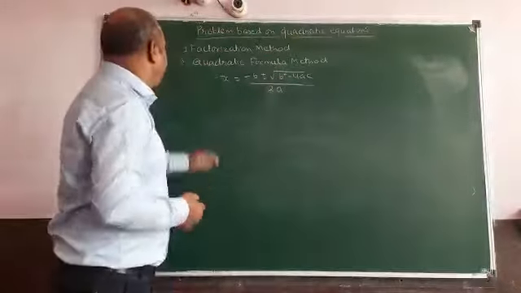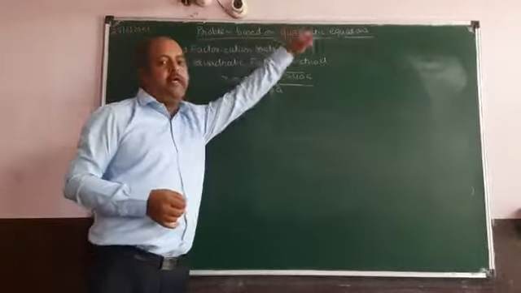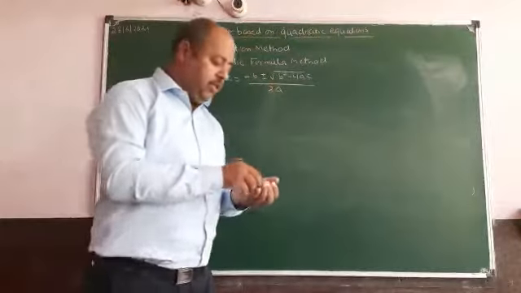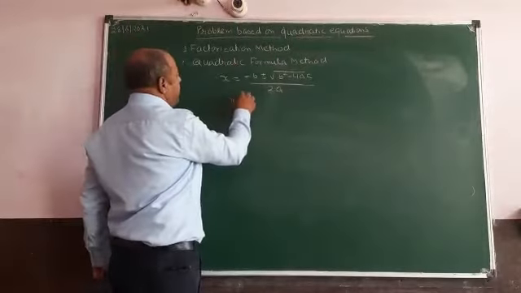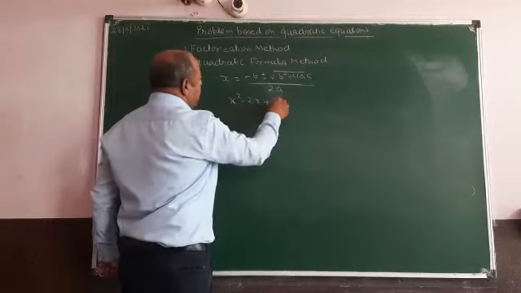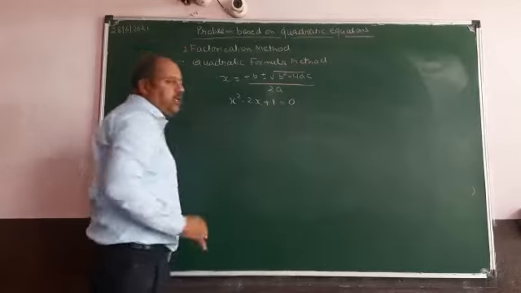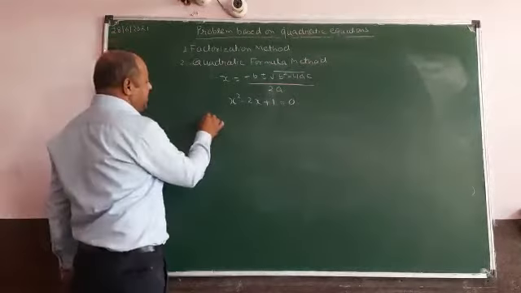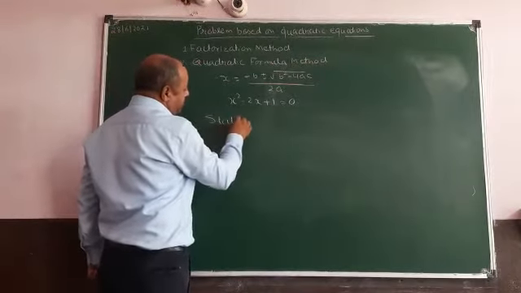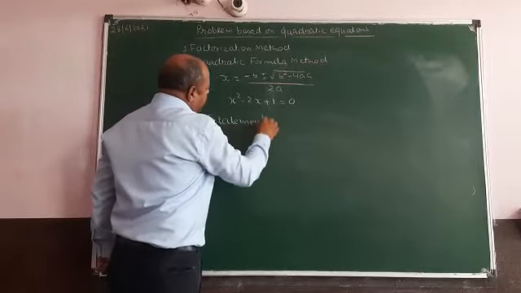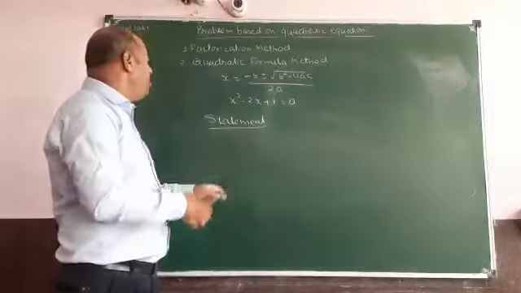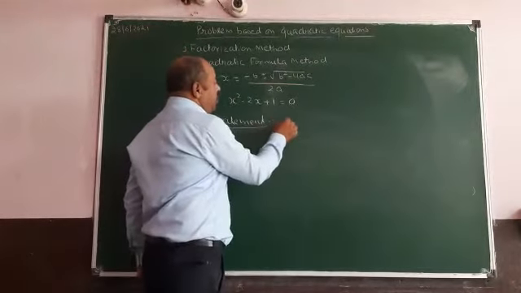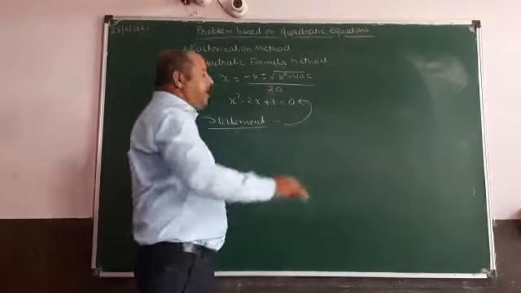But when we talk about problems based on quadratic equations, this means that instead of writing only the values like x square minus 2x plus 1, there will be a statement given. And from these statements, we have to change our whole concept towards quadratic equation.